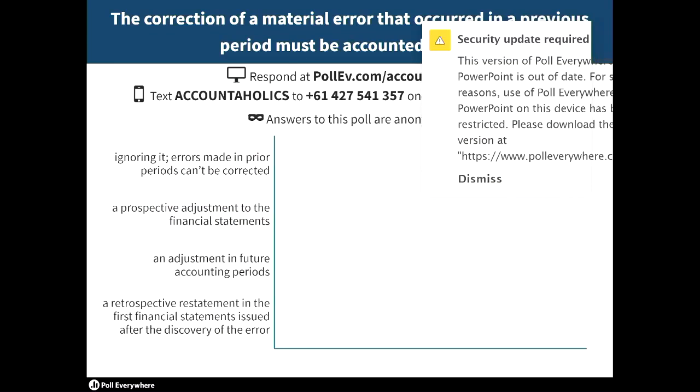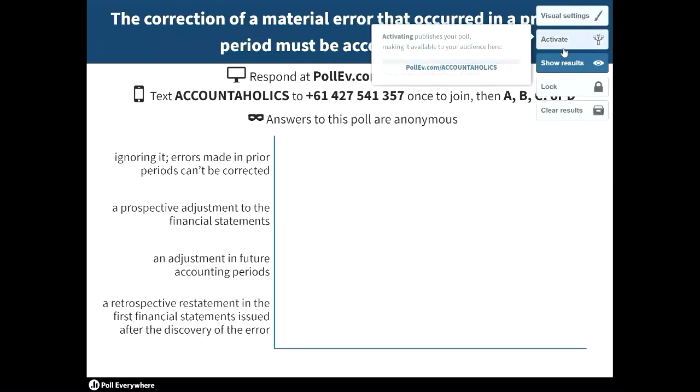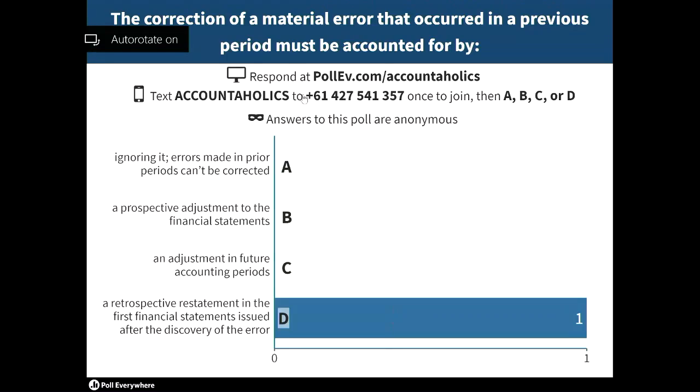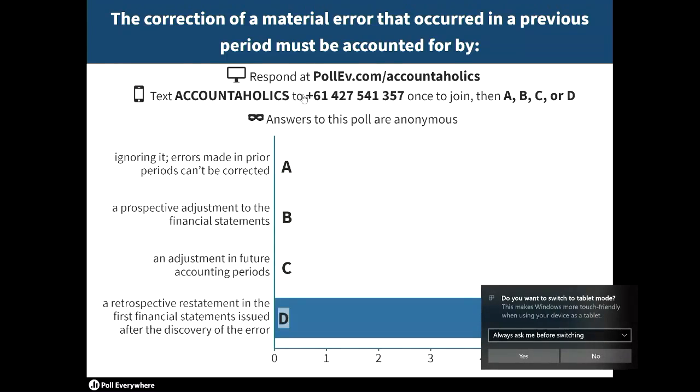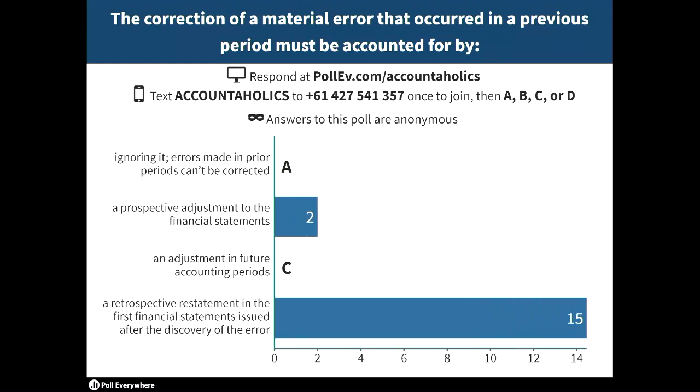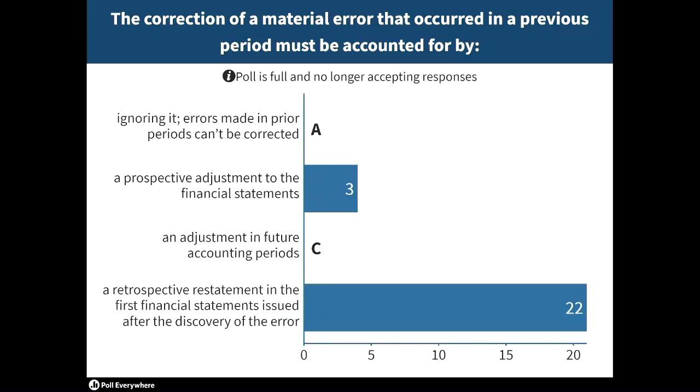Another quiz. The correction of a material error that occurred in a previous period must be accounted for by A, ignoring it.